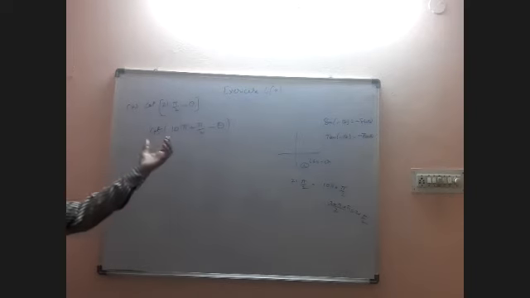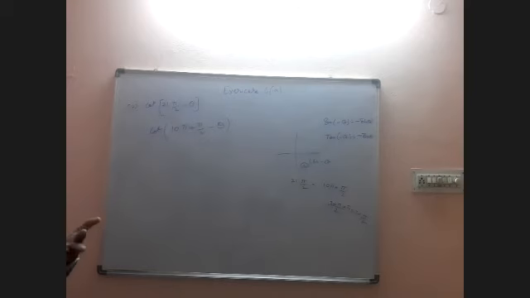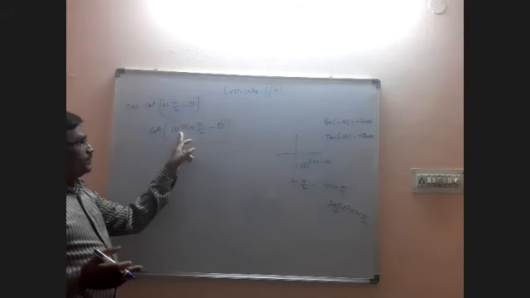I am always trying to change it into the form n into 360 minus theta or plus theta, because the formulas are there for 360 plus theta and 360 minus theta. So 10 pi plus pi by 2 minus theta.